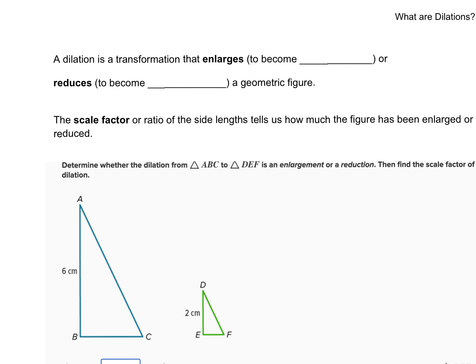Okay, a dilation actually is the only transformation that either enlarges, and to enlarge means to make bigger, or to reduce, of course, which is to make smaller.